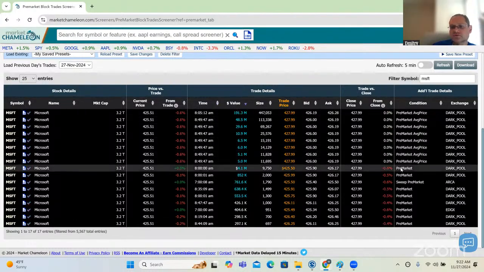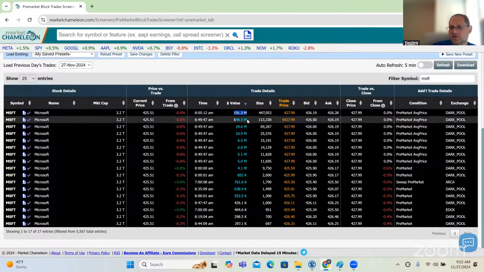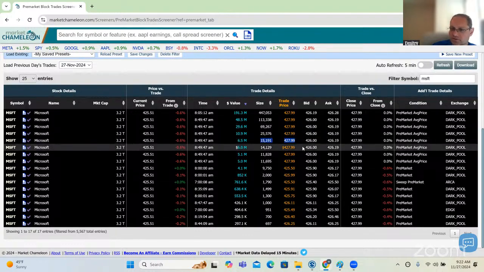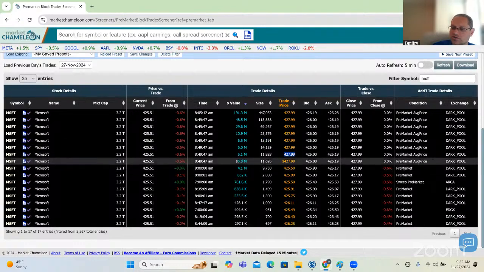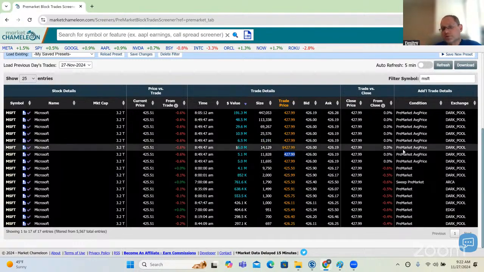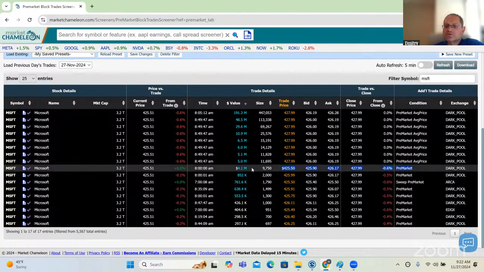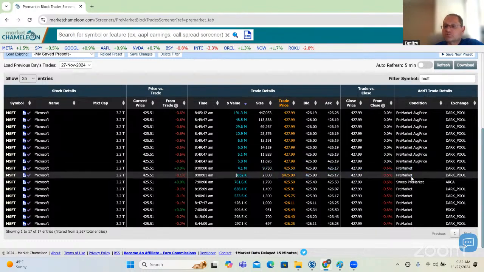So here, sorted by value: 191 million, 48.5 million, 26.9 million. A lot of them are happening here. I don't know exactly what this could be across, so those could be based on a cross for some reason, because they are indicated average price. These other ones would be actual pre-market matchups.